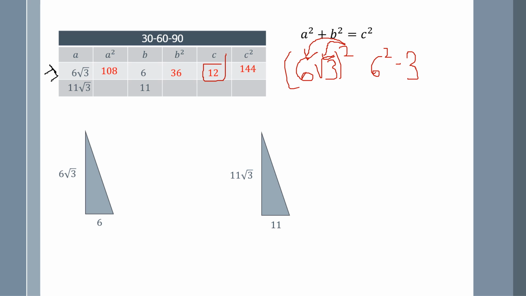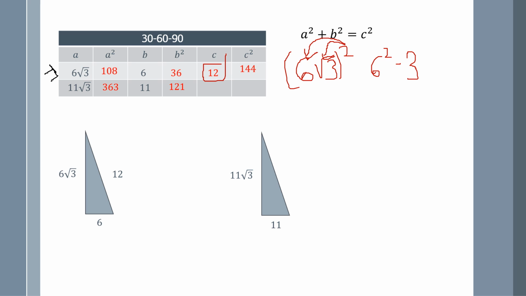Alright, so let's look at the second row. If a is 11 square root 3, we know that a squared is going to be 363. If b is 11, b squared is going to be 121. Well, I'm sorry, I'm tripping. So why don't we just add 363 plus 121?